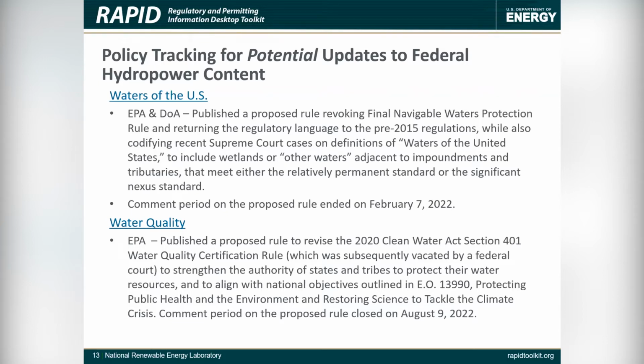And basically the new proposed rule will strengthen the authority of states and tribes to protect their water resources and to align with national objectives outlined in one of the initial Biden executive orders, protecting public health and the environment and restoring science to tackle the climate crisis. The comment period on that proposed rule closed on August 9th, 2022. And again, we expect a final rule here to be published fairly soon, and we will track that. Next slide.